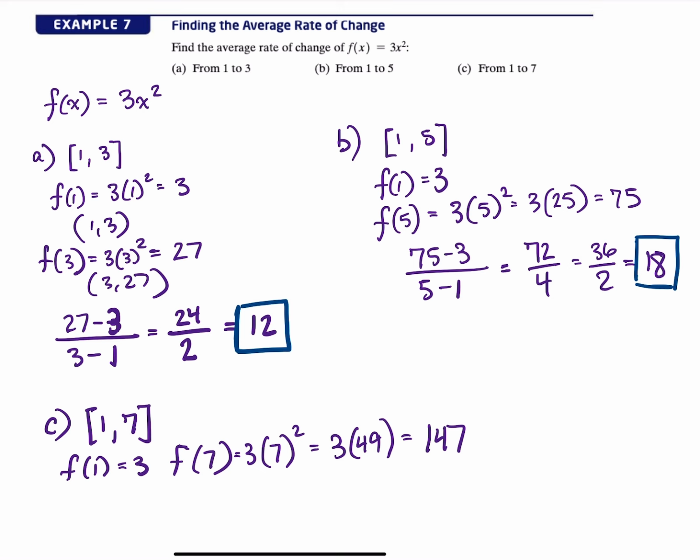So we'll do f of 7 minus f of 1, so 147 minus 3. So that would be like your two y-coordinate points over the change of x's, so 7 minus 1. So 147 minus 3 is 144 over 6. And if you divide that, you should get 24.